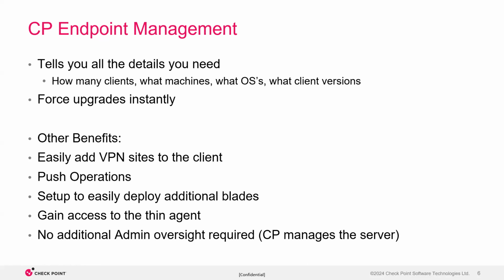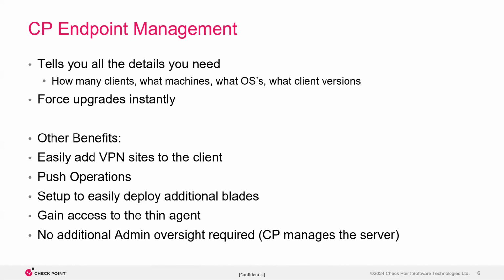There are other benefits, right? Because now you have the Harmony endpoint management, you can easily add the VPN sites to the clients. So whatever IP address your gateway or gateways have, pop it in there, save it. Now all the clients, when you install them, will just have that list of IPs to connect to.